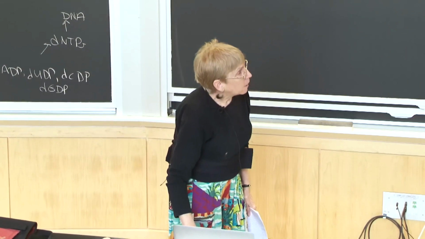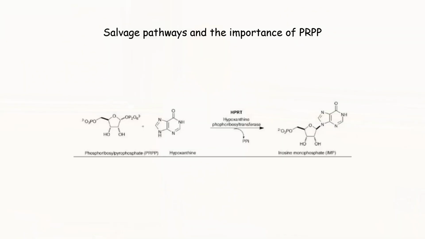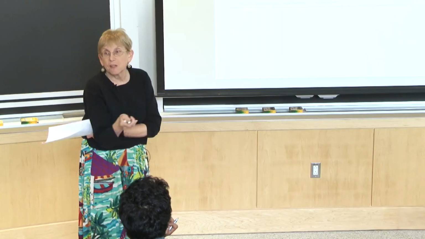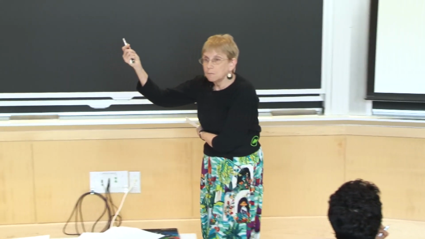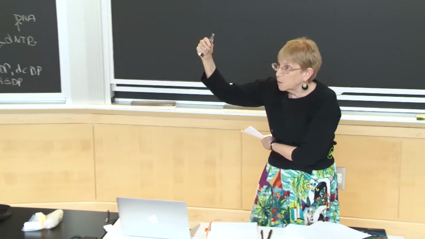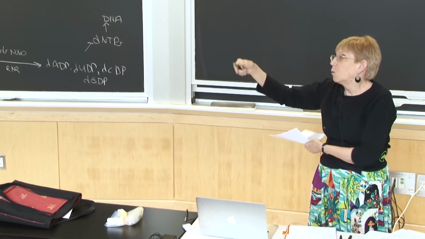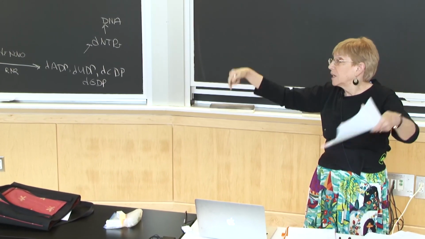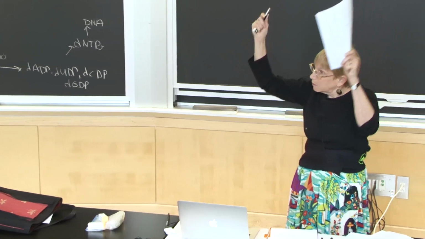Anyhow. Okay, so what I also wanted to show you, we're going to talk about de novo pathways. I just want to show you, this is a typical salvage pathway in the case of the purines. So what does that mean? You get the nucleic acid bases from your diet, or you're breaking down your DNA and your RNA, and you have nucleic acid bases, or you have nucleosides.